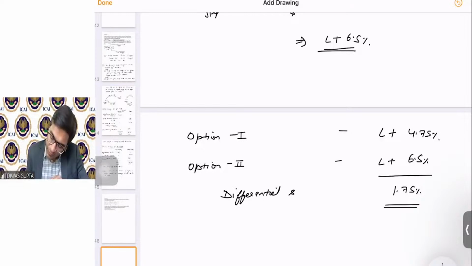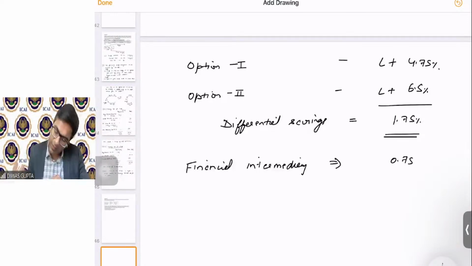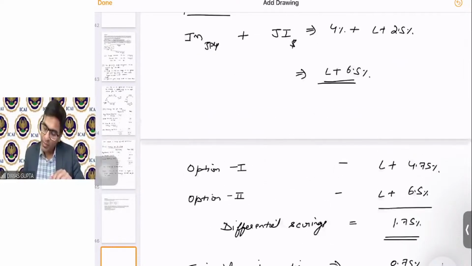Differential savings. Now, out of this 1.75, the split will happen how? Financial intermediary, which is the swap bank equivalent, will get 0.75%. That is mentioned. Now, balance is how much? 1%. Out of 1.75, 0.75 you are giving to the financial intermediary, 1% is left. Now that 1% will be shared equally between both of them.